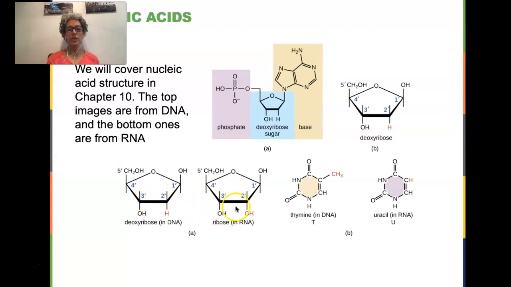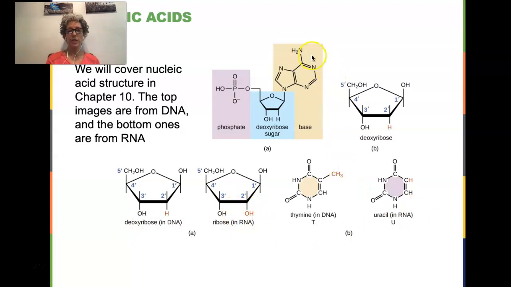And the difference is there's ribose in RNA, there's deoxyribose in DNA. And there's the difference. We have a hydrogen at carbon 2 on the deoxyribose. We have an OH, a hydroxyl group on carbon 2 in ribose. So it's deoxyribose because there is 1 fewer oxygen atoms.